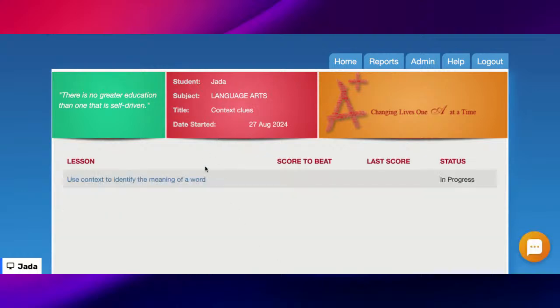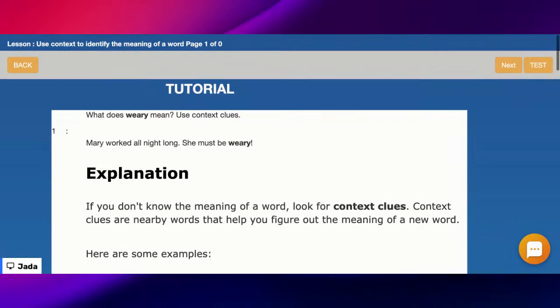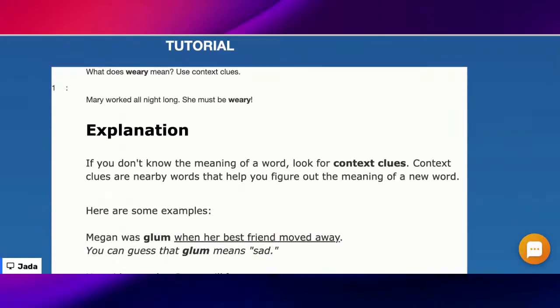All right, so we have the lessons here. Use context to identify the meaning of a word, okay? First we need to note what a context clue means.